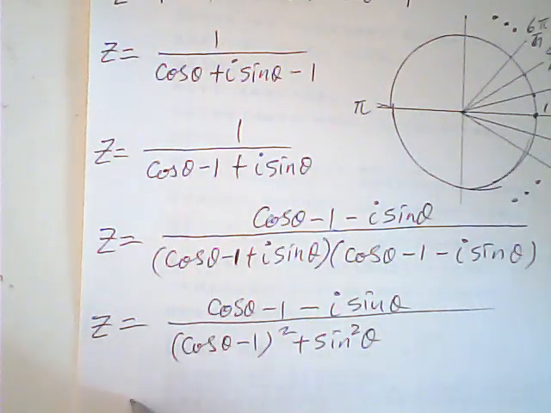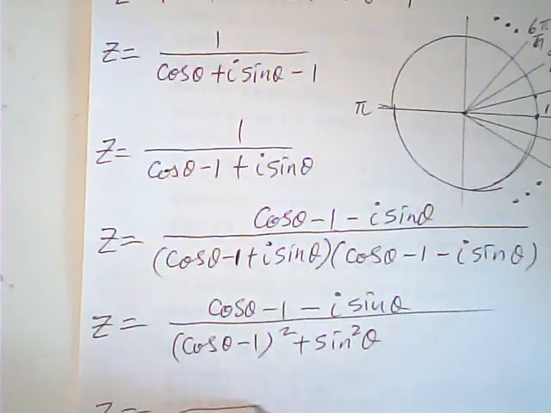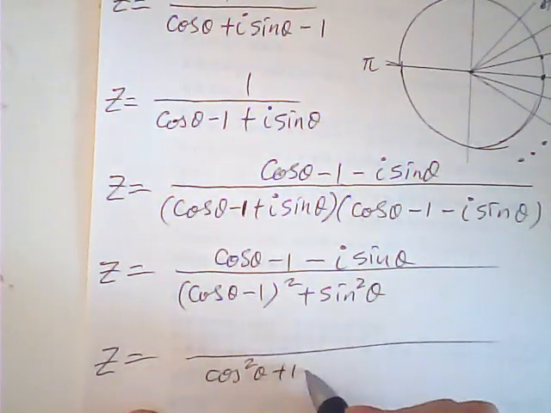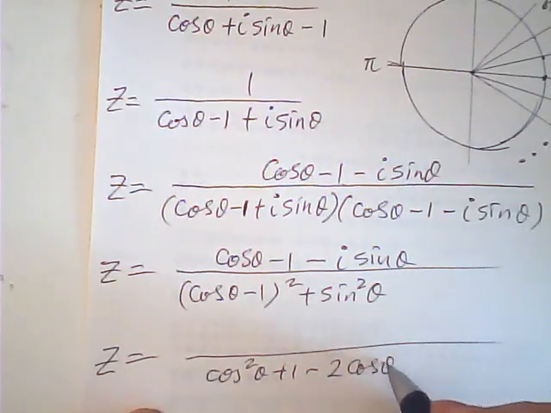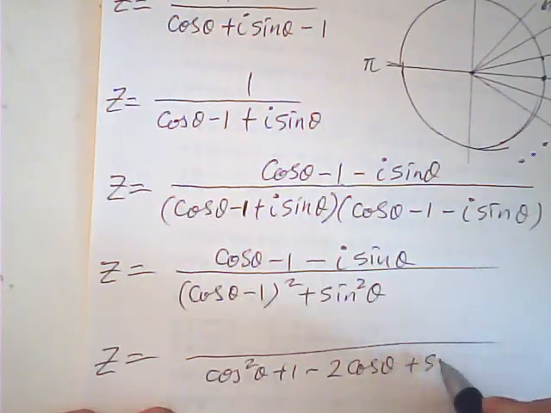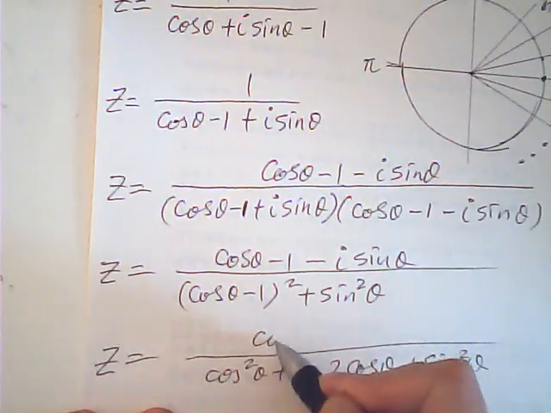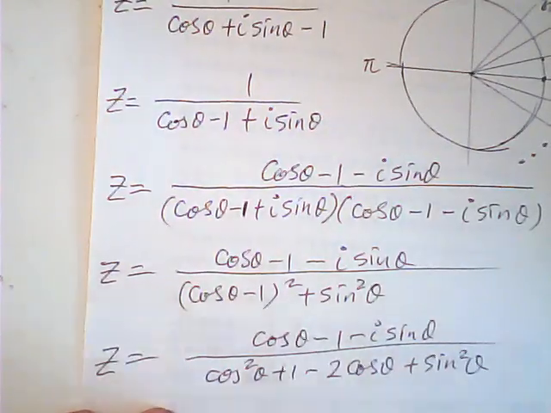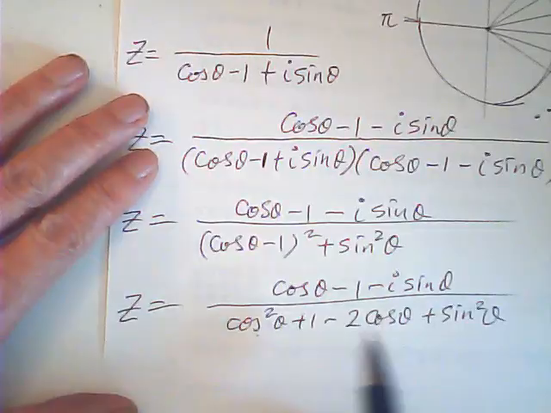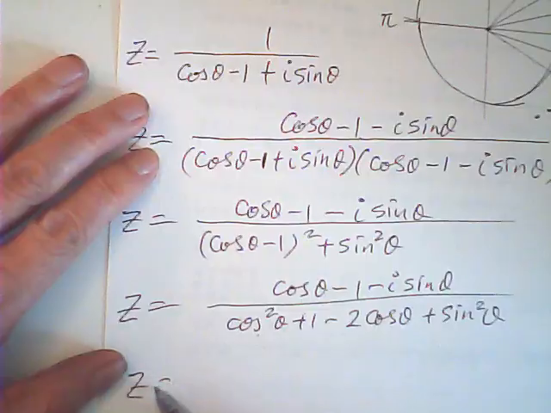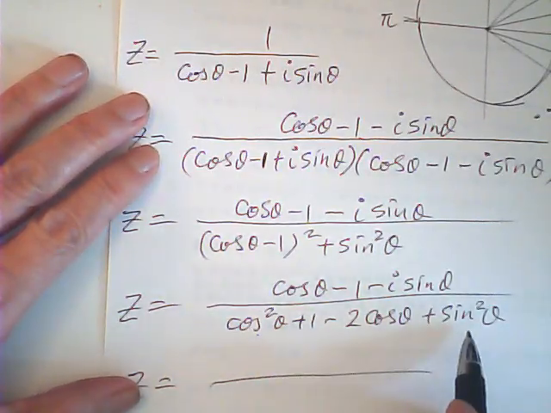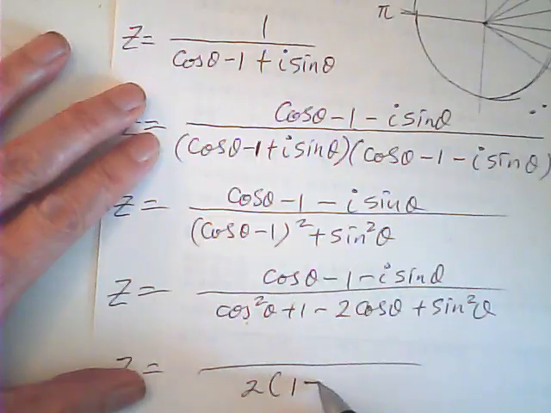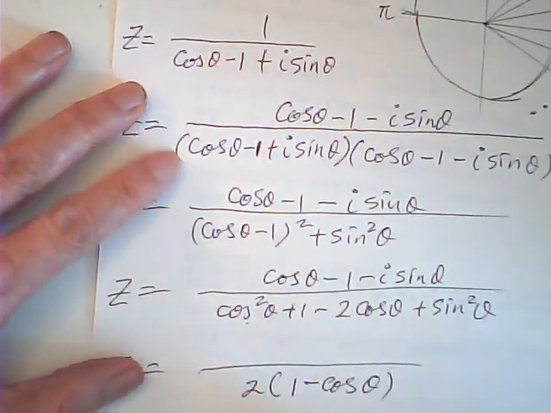So this one is equal to cosine squared theta plus 1 minus 2 cosine theta plus sine squared theta. Here, cosine squared plus sine squared is equal to 1, so it becomes 2 minus 2 cosine theta, so 2(1 minus cosine theta).